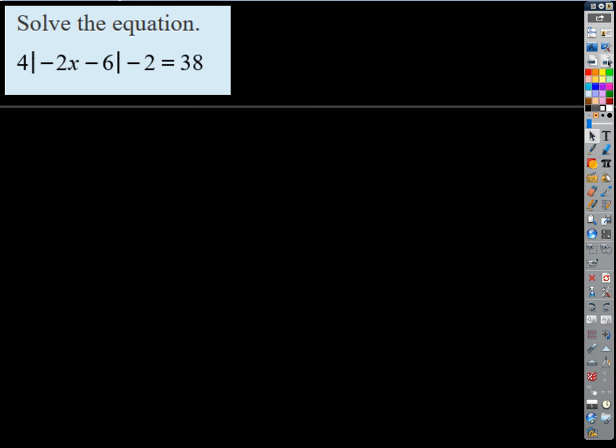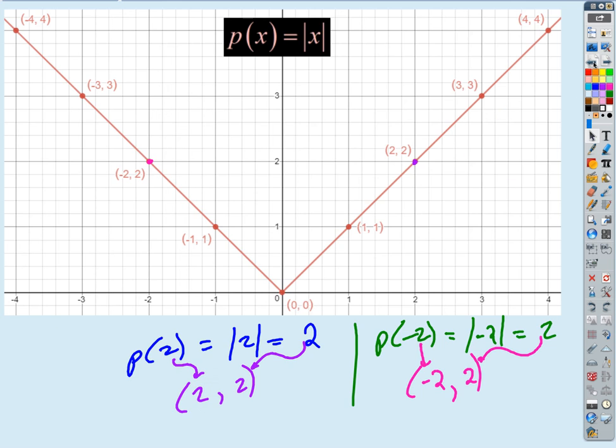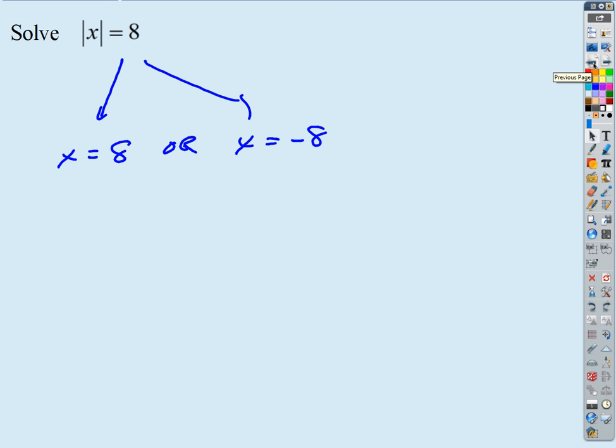What about this one? How could we maybe solve this equation? Same thing. What was our strategy last time we just solved an algebra equation? We set up two equations, right?